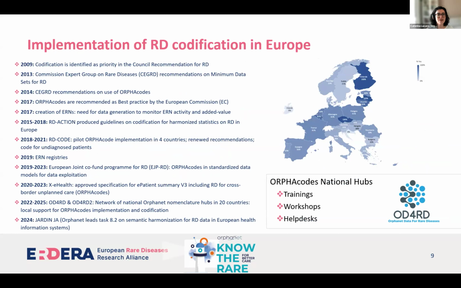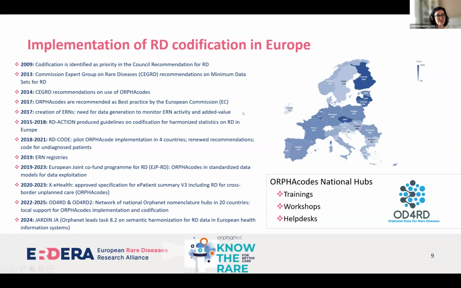So here you have a brief history of the implementation of rare disease codification in Europe. I'm not going through all of it, but just remember that since 2009, codification for rare diseases was identified as a priority in the Council recommendation for rare diseases. And little by little, the Commission Expert Group on Rare Diseases first, and then the European Commission, followed by recommending the use of ORPHA codes for coding rare diseases.